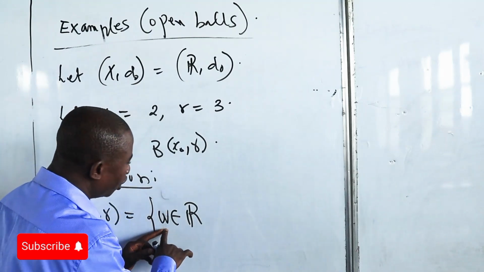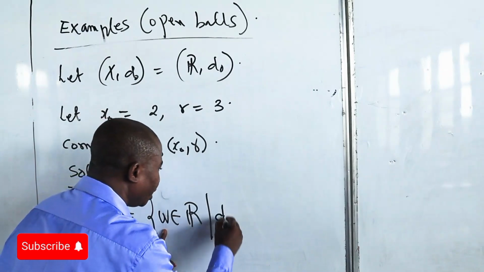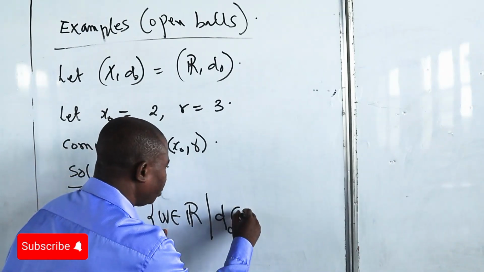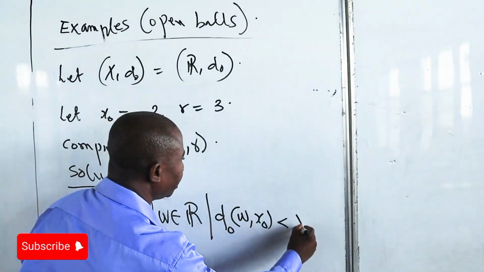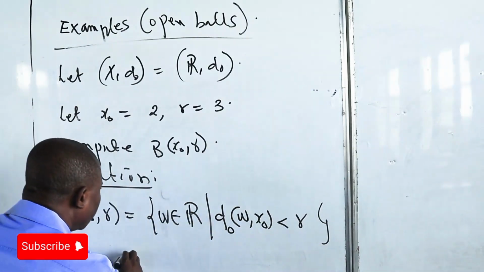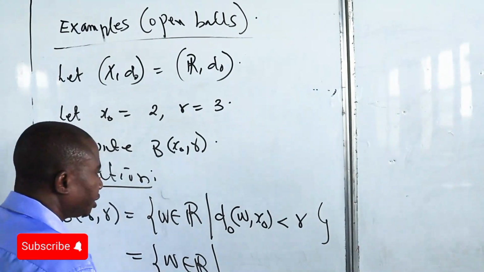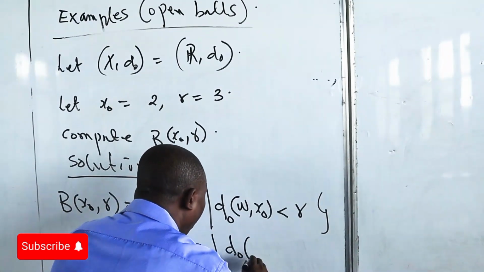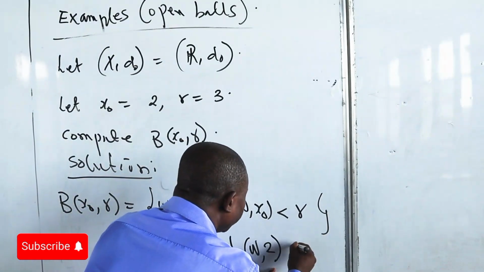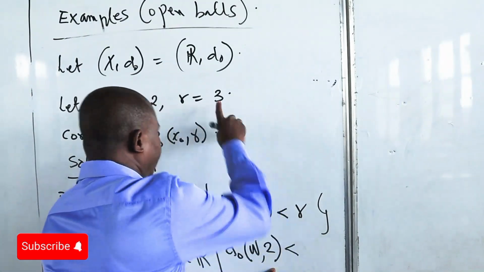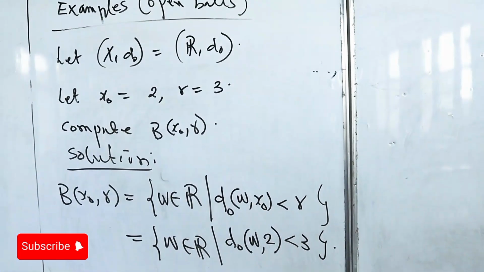So this is the collection of all elements, I call it w in R, such that the distance between w and x naught is strictly smaller than R. This is nothing but all w in R such that d naught of w, 2 is strictly less than 3. Good. This is what we have.